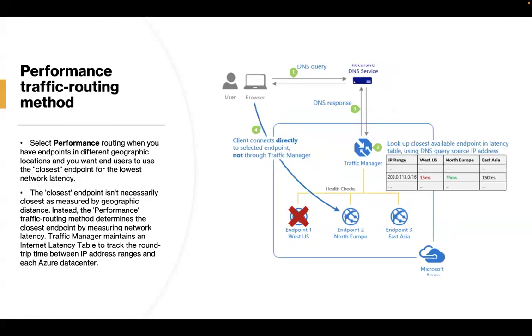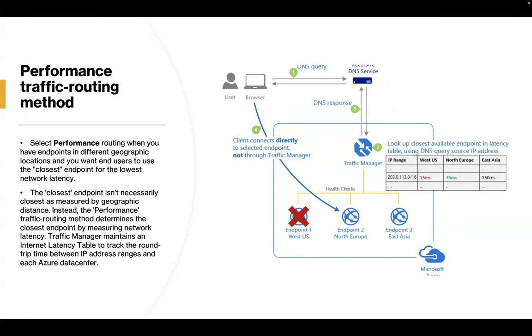Third one is the performance traffic routing method. Select performance routing when you have endpoints in different geographical locations and you want end users to use the closest endpoint for the lowest network latency.